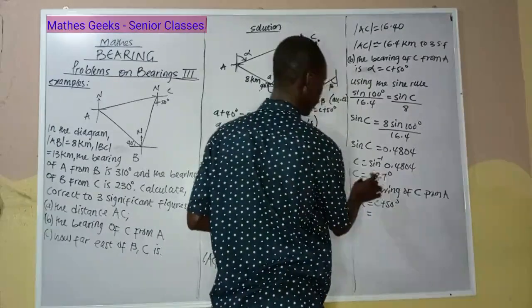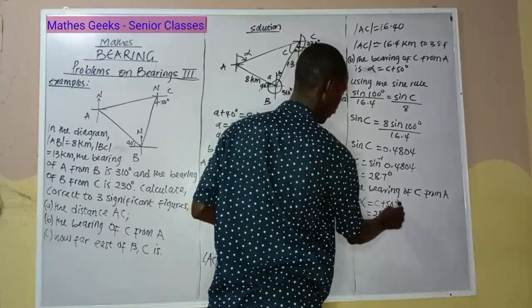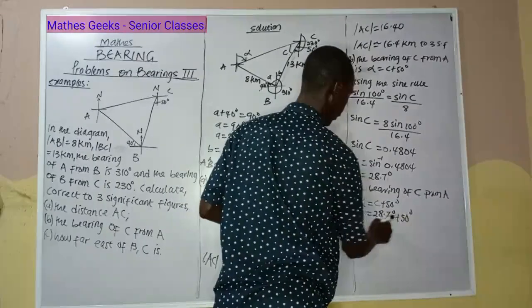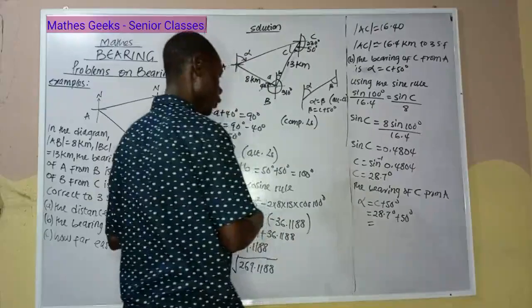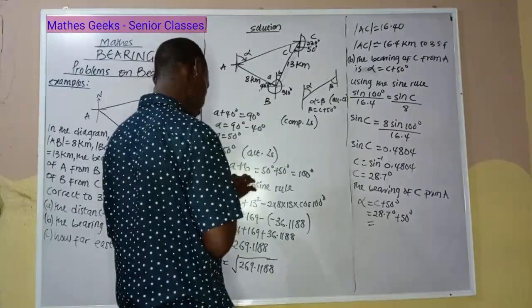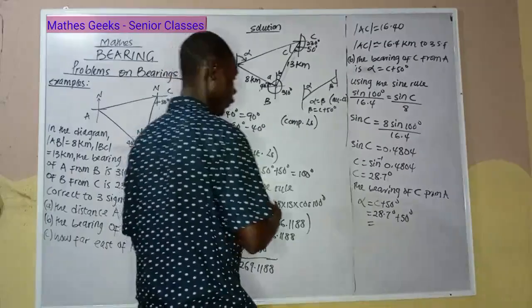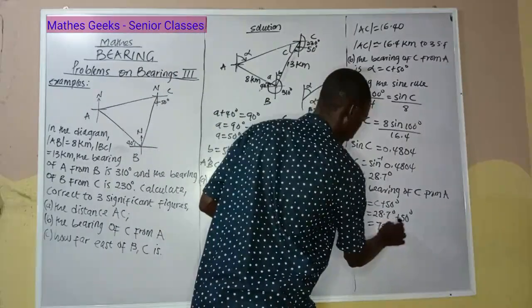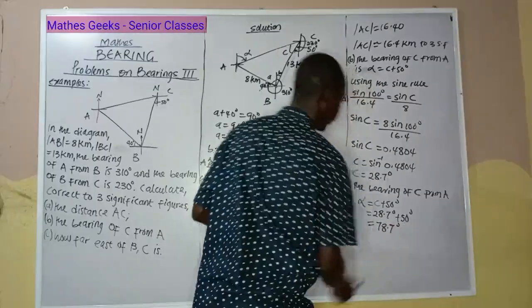Where C is now 28.7 degrees, 28.7 plus 50 will give you 78.7 degrees.